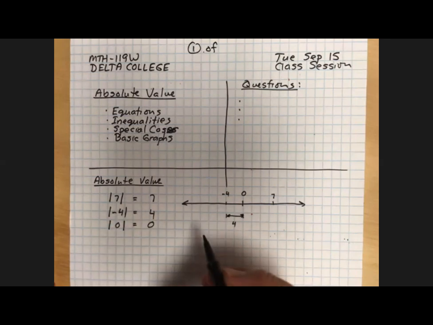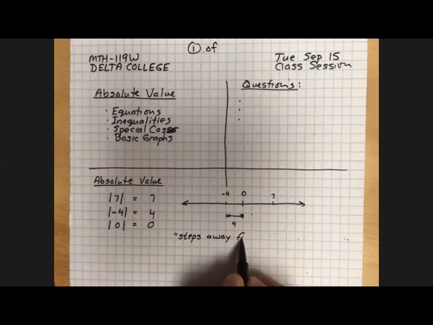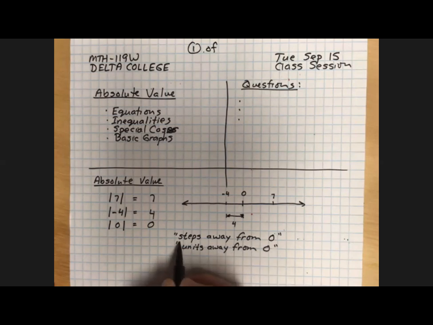You could say it like that, even though that's kind of casual: steps away from 0, or units away from 0. Even simpler in English: distance from 0.